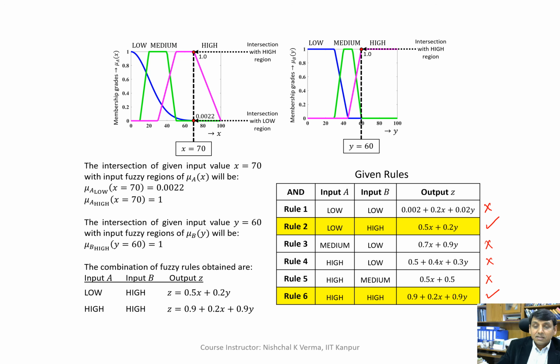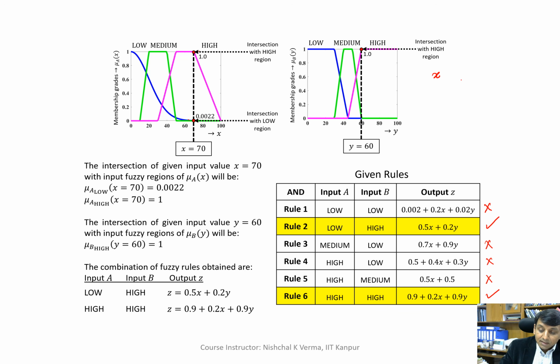How do we get this? I have already explained in the previous example, but I can do it again. We see that x equal to 70 cuts the high fuzzy region here, and then the low fuzzy region, which is characterized by the Gaussian membership function.